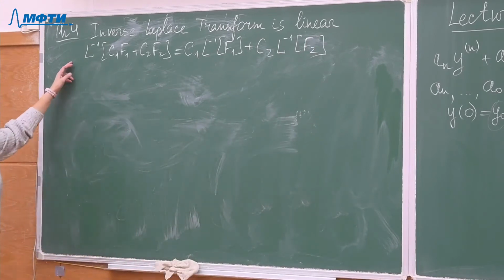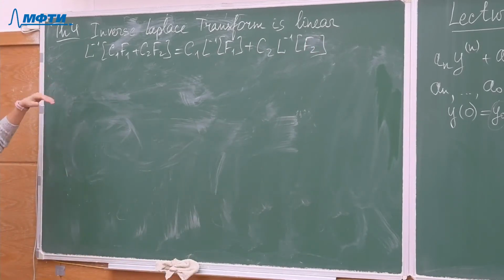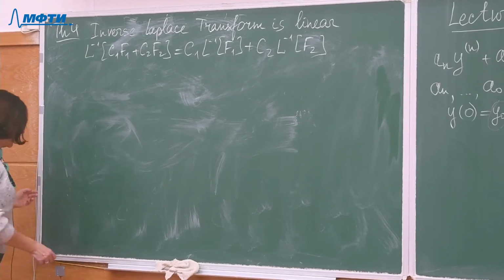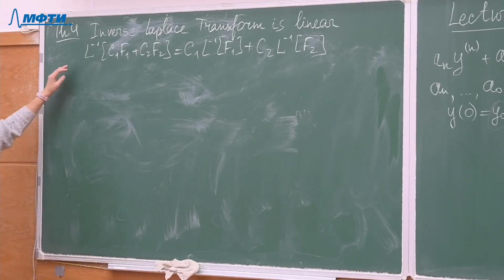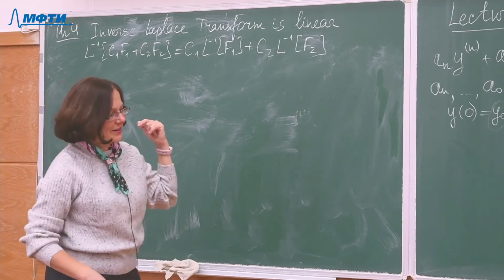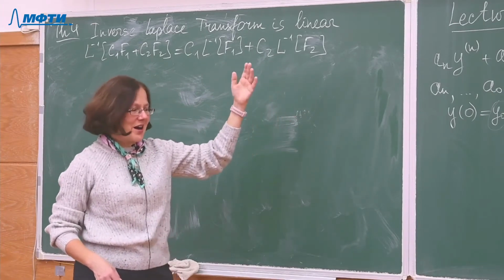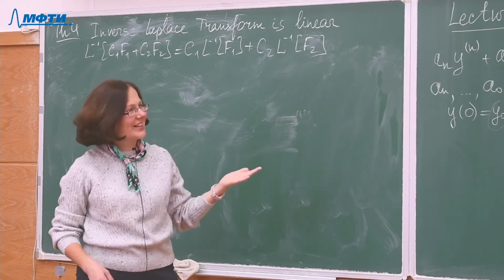And this can be derived from the linearity of the direct Laplace transform. So I don't want to spend time proving this theorem, right? Because now we should move back to our main goal for today.